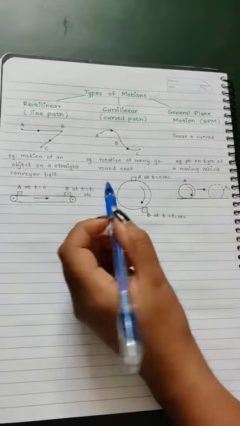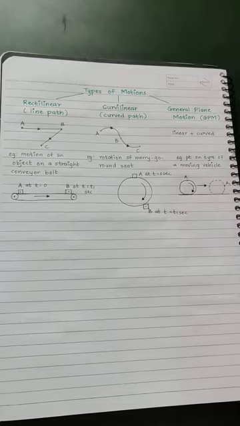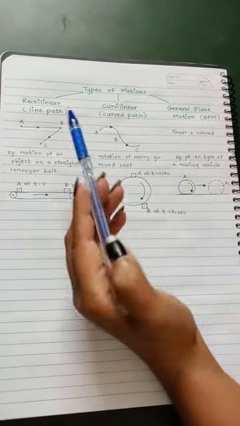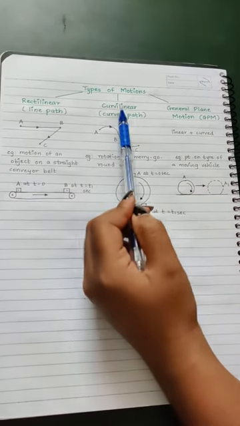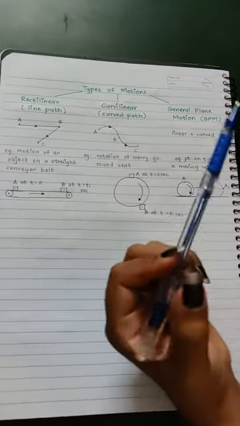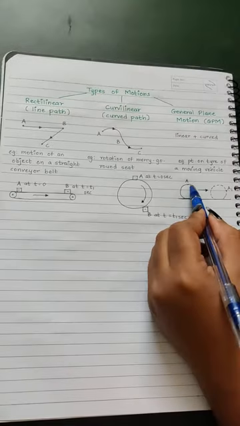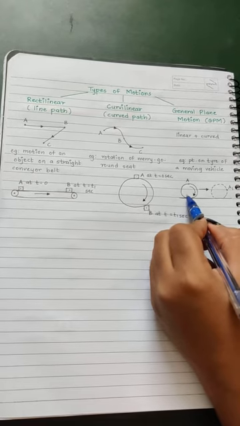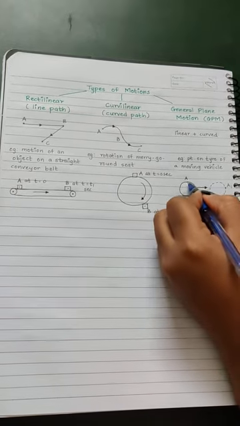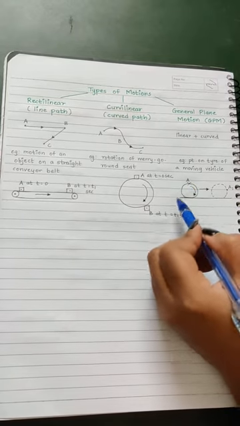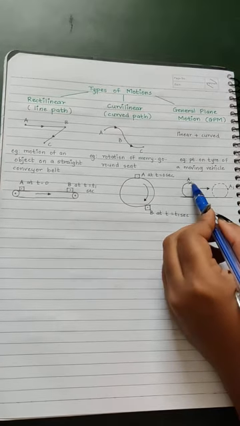Clear? Now there's the third motion, that is general plane motion, commonly known as the GPM. What is GPM? It is the linear motion and curvilinear motion combined. So if you assume that there is a vehicle tire, and I mark a point A here, with time, if the vehicle starts moving, what is going to happen?